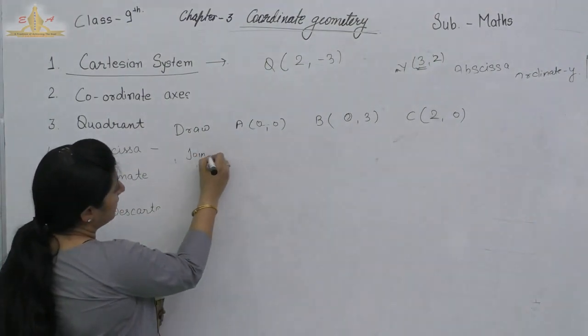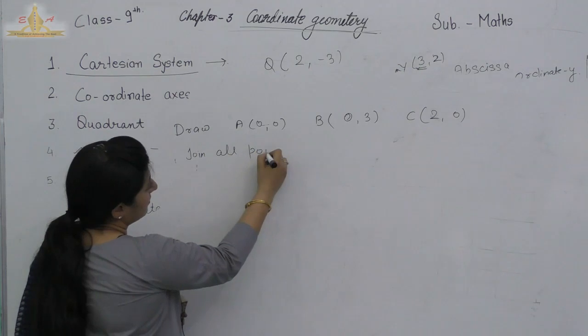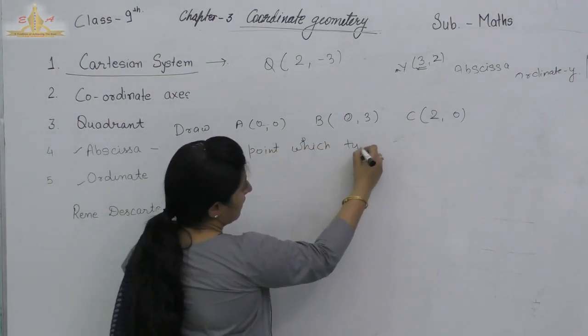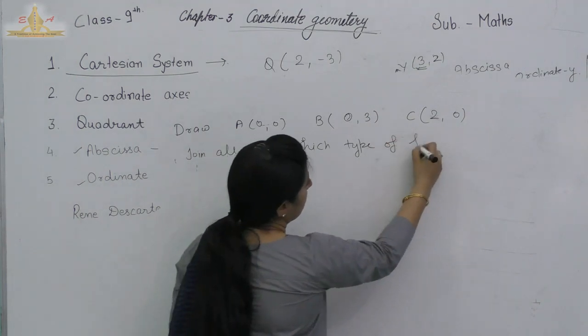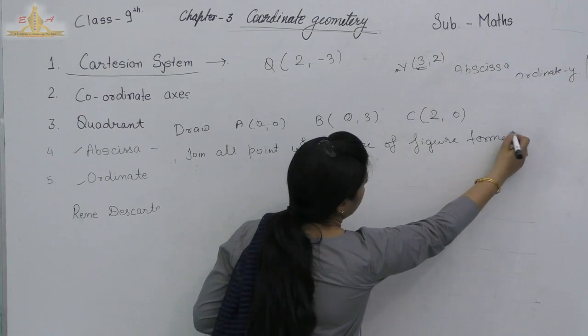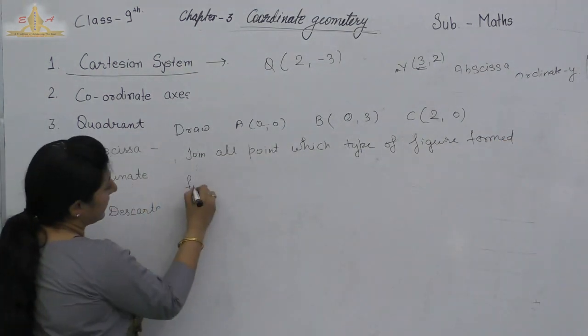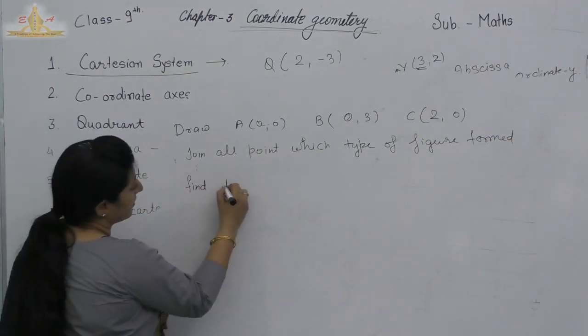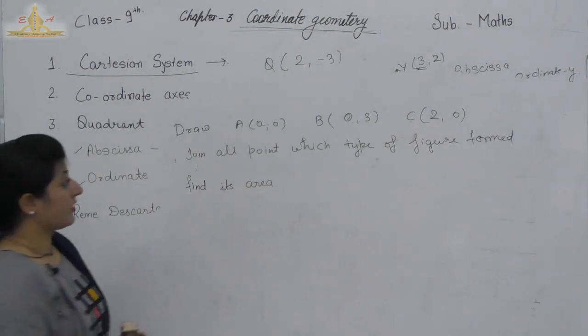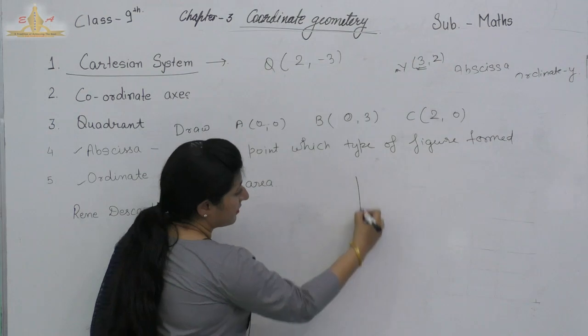Join all the points. Which type of figure is formed? Find its area. See here.